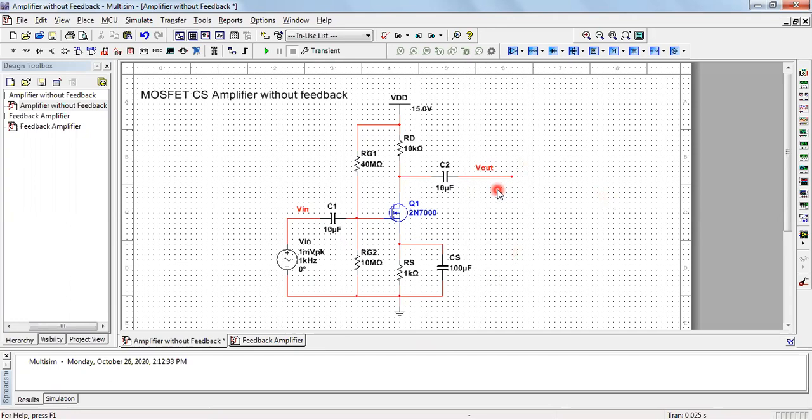Also, we can measure how much output voltage we are getting, and just divide the output voltage amplitude by the input voltage amplitude, and you will know the gain of the amplifier. So that is one of the methods: by transient analysis we can know the gain.